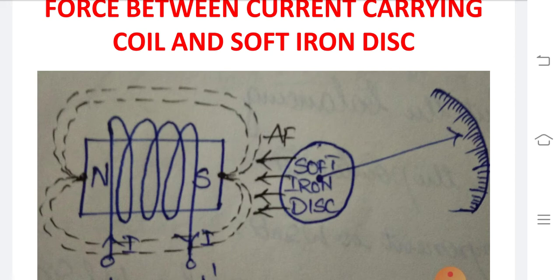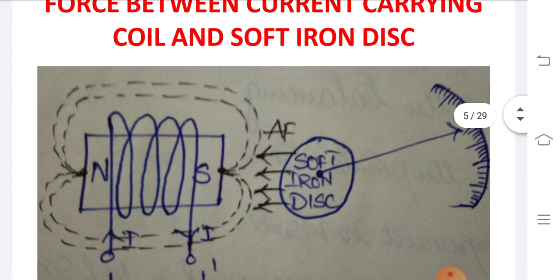As already known, the magnetic field established by the electromagnet is stronger when compared to the weight of the soft iron disc, and hence the soft iron disc is attracted towards the electromagnet. That is, the soft iron disc moves towards the electromagnet and hence the pointer attached to that soft iron disc gets deflected. In this way the deflecting force is achieved between a current carrying coil and a soft iron disc.